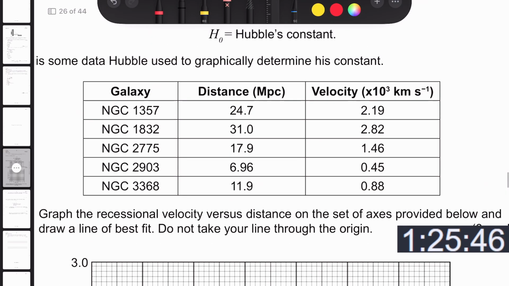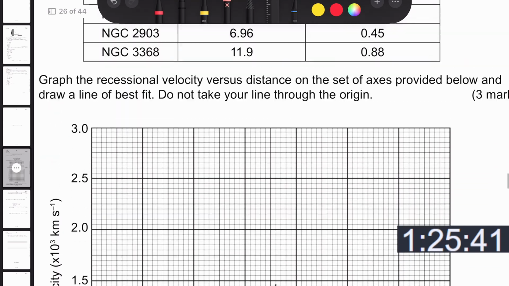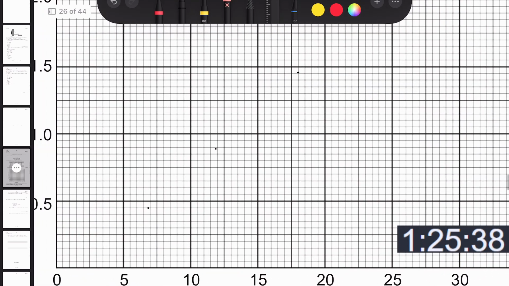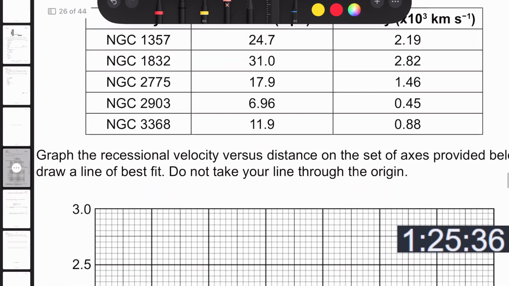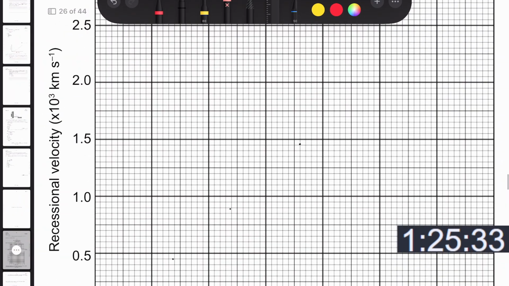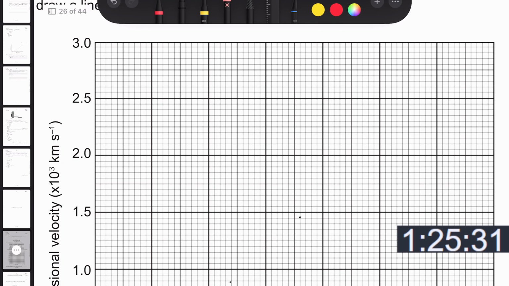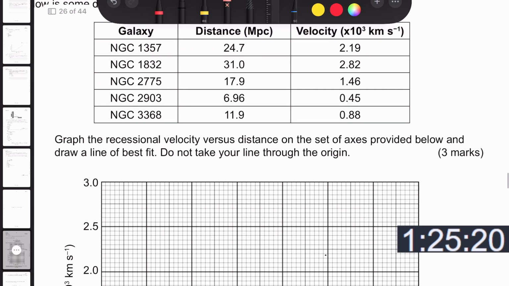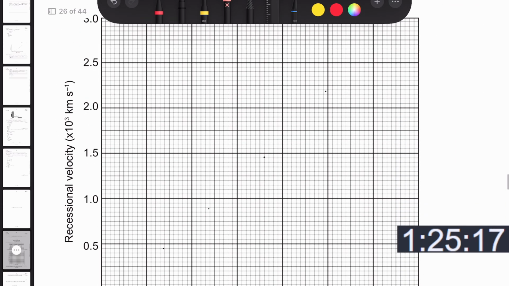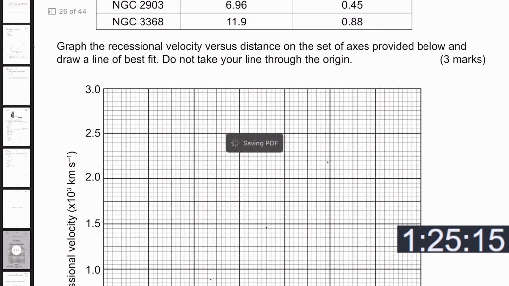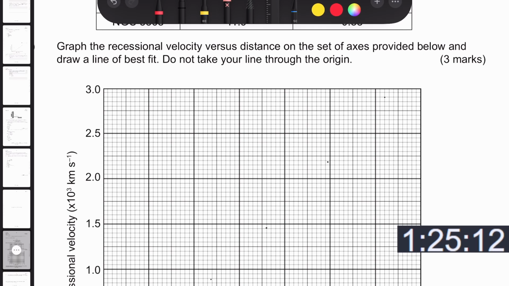About there. And then 24.7 and 2.19. About there. And then 31, 2.82. That's 9. That's 8. So about there. Okay.